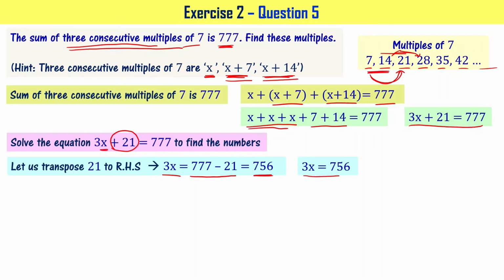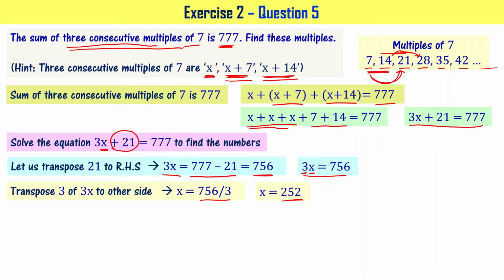This is also a linear equation in one variable. Here, the variable x is multiplied with number 3. We want to transpose this number 3 to the other side. When I do that, it is going to divide 756, right? So x equal to 756 divided by 3 is the equation we have now. When you simplify it, you get x as 252.